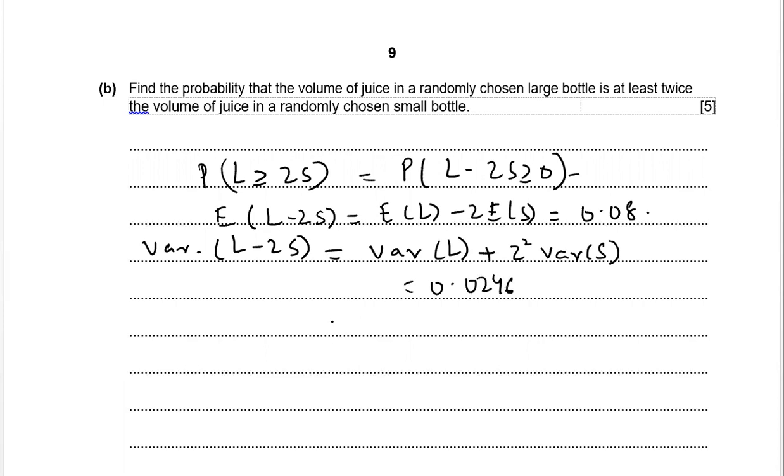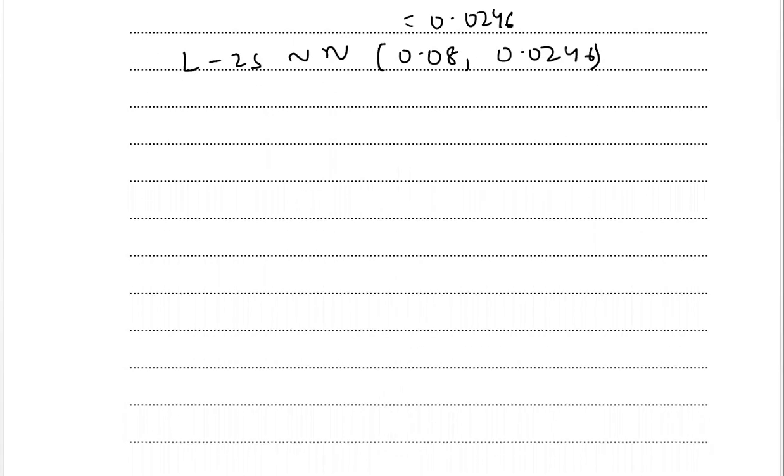So most of the marks are for this, right? L minus 2S is following normal 0.08, 0.0246. It is asking that it is at least twice the volume of this. So Z is greater than 0.